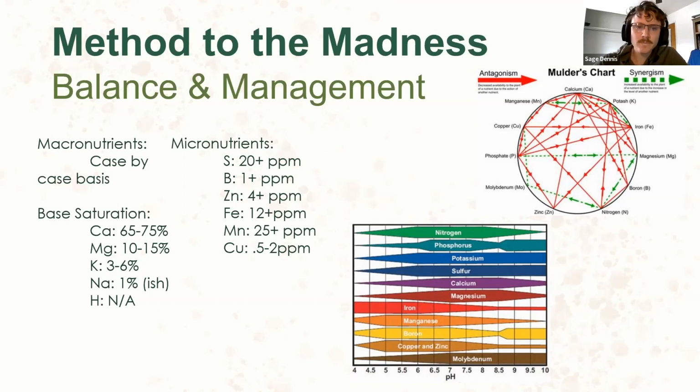The reason is that with some of these micronutrients, such as zinc, manganese, iron, and copper, which are heavy metals, depending on the structure of your soil, they can be very high. So high, in fact, that it's unrealistic to try and get 12 to 25 parts per million of iron. I feel like we're setting ourselves up for failure because we're trying to change the structure of our soil, which is not something we're able to do.